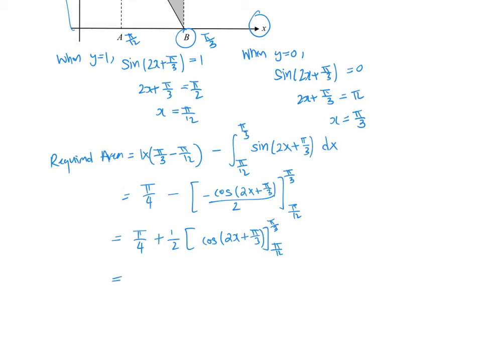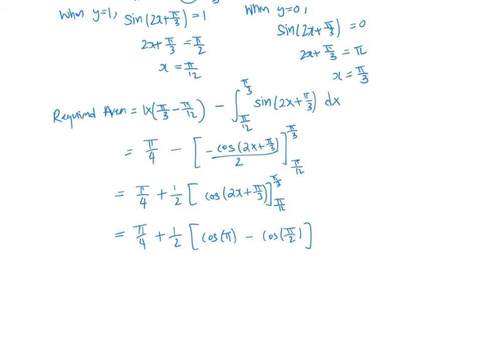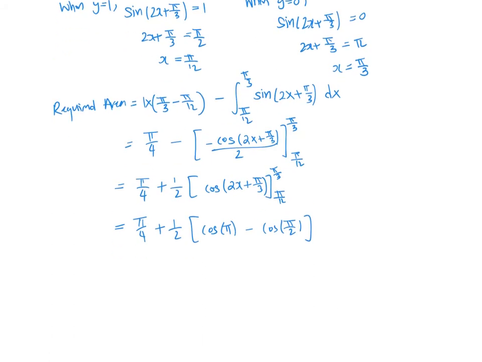If we substitute the values in, we will have pi over 4 plus half. For the first term, you substitute pi over 3, and you should get cosine pi minus cosine pi over 2. From there, we see that cosine pi is actually negative 1, and cosine pi over 2 is 0.